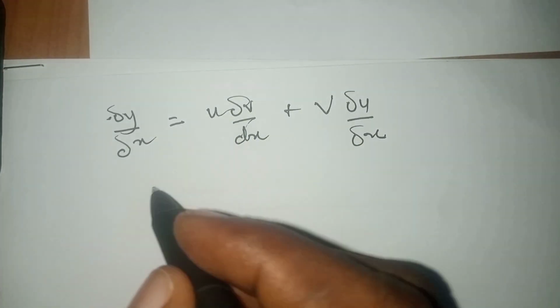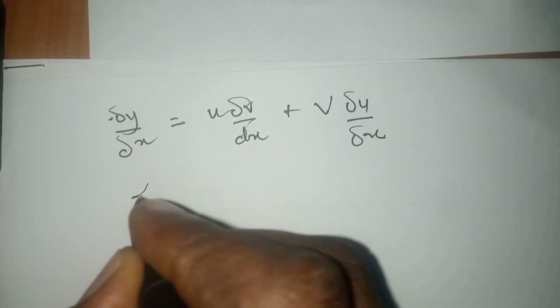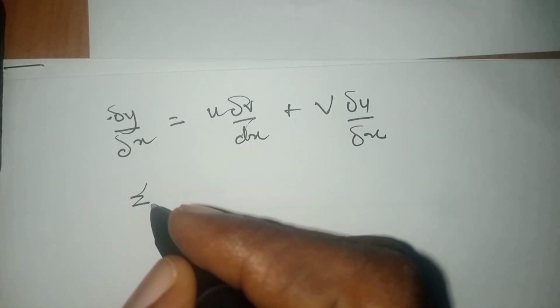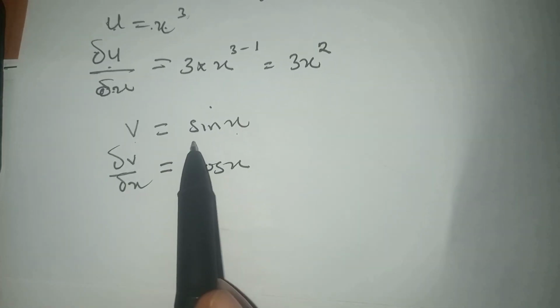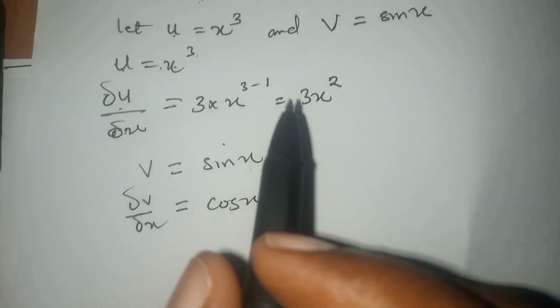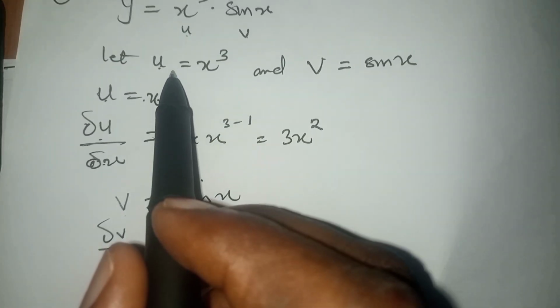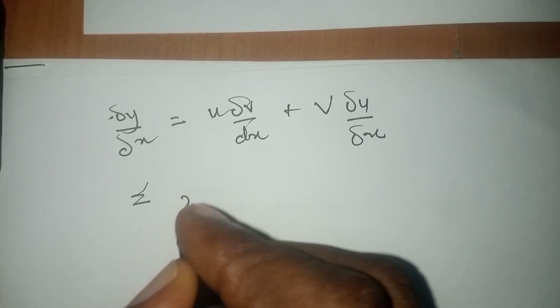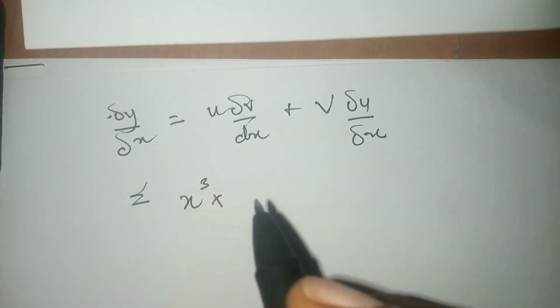We know all these functions, so we will just substitute inside. What's our value of u? U is x cubed. That'll be x cubed times dv/dx.